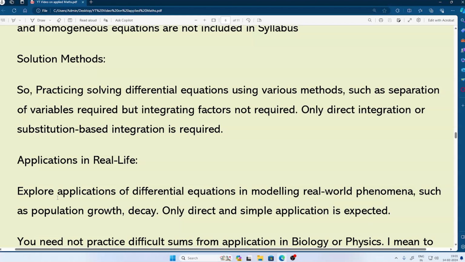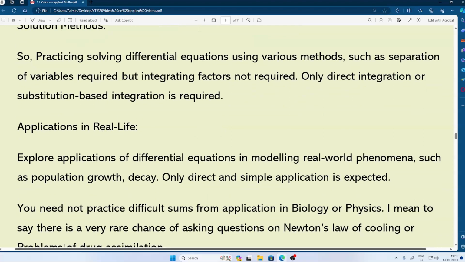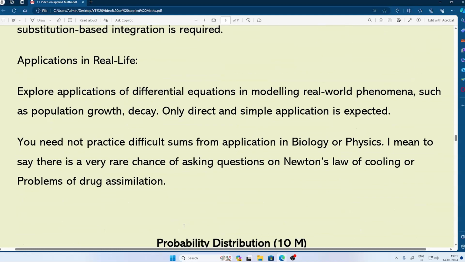At most, radioactive decay, a little bit difficult question can be asked from there. Otherwise, growth of bacteria, growth of population, growth of interest offered by a bank is required. So you need not practice difficult sums from application in biology or physics. There is a very rare chance of a question on Newton's law of cooling or problems of drug assimilation.